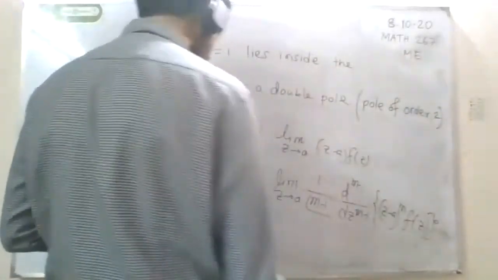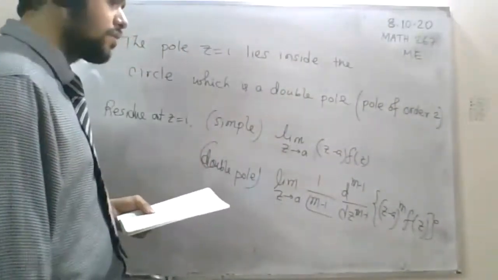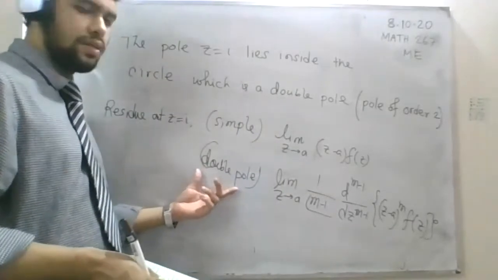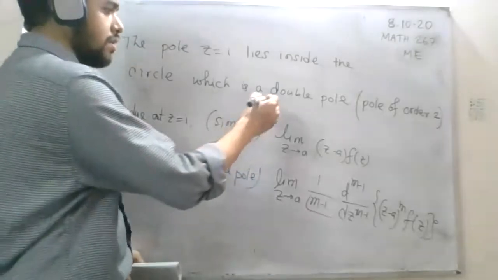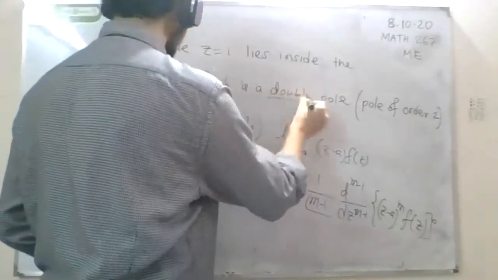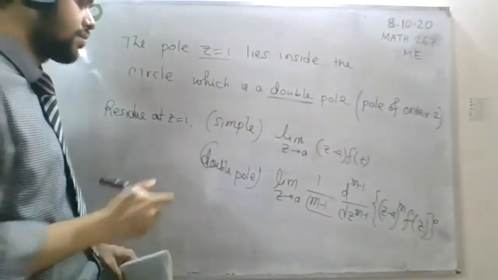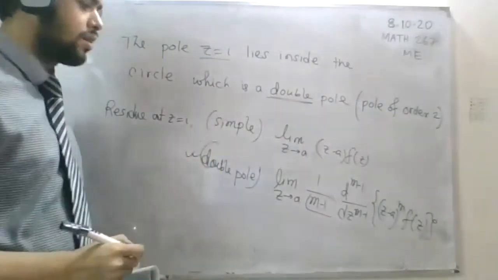So this is the formula for finding the residues of a double pole. Since this is our double pole at z equals i, you have to use this formula.